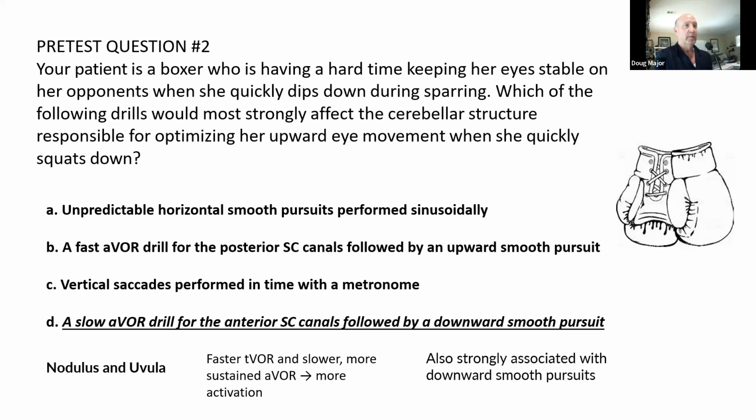Well, a slow drill for the anterior canal followed by an upward smooth pursuit. And so remember, as we use our anterior canal, that's the same as right going down and then down further.